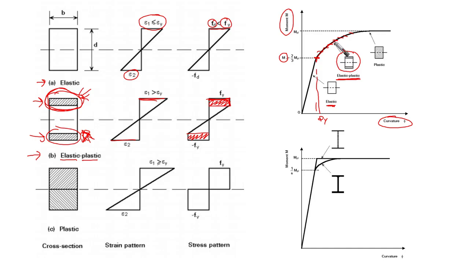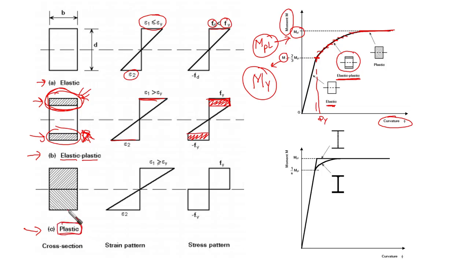After that, we reach some level here. This level is designated as M_PL, which is the plastic moment. Here it was M yield, the yield moment. At M plastic, we find something very interesting. At this stage, which is stage C, the plastic section is developed.